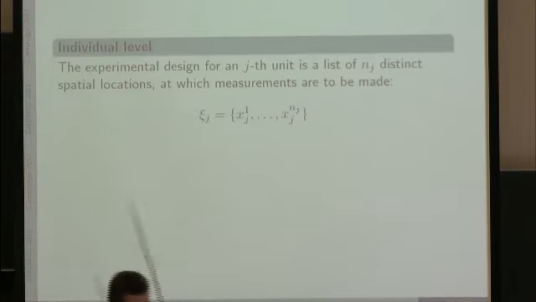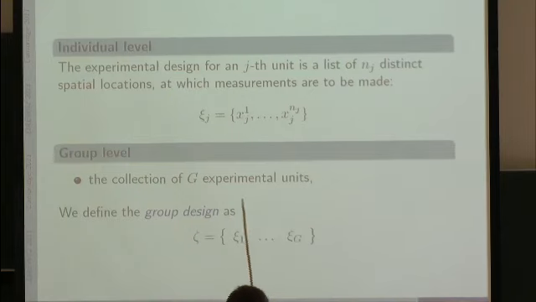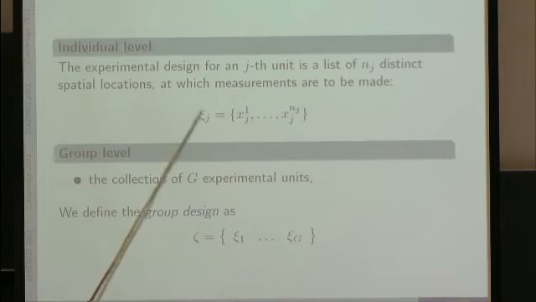So it can be easily generalized for such a case. At the second level, when we repeat the test on different experimental units, the group design will be just a collection of spatial configurations of measurements taken for each individual unit.